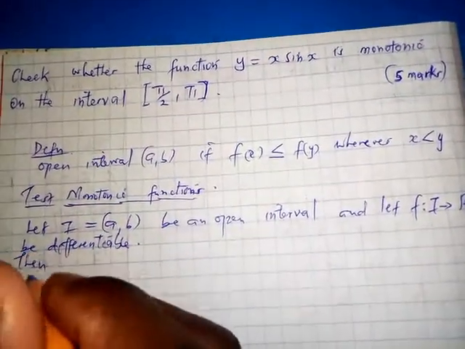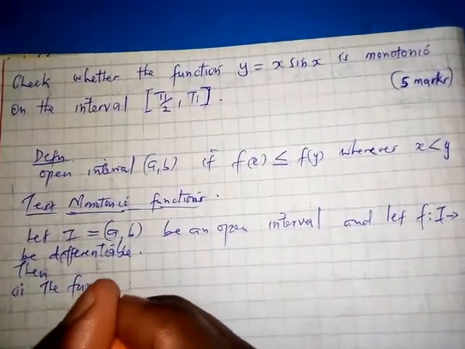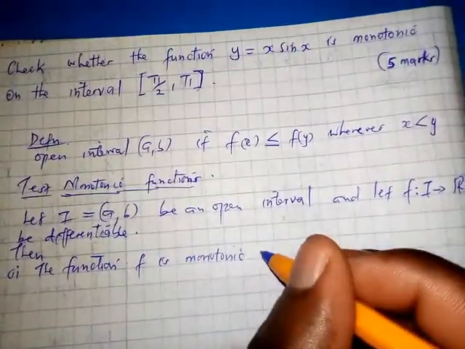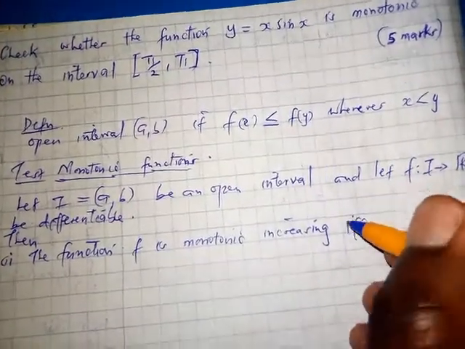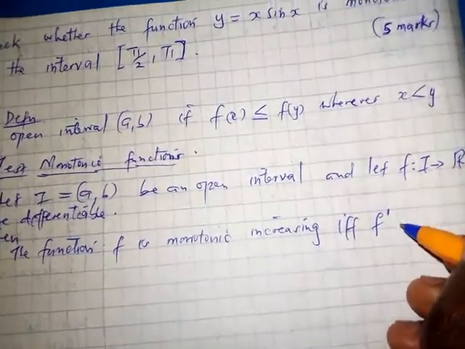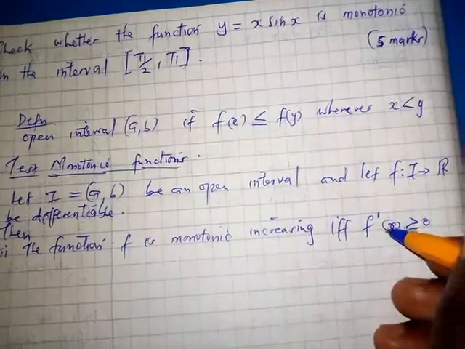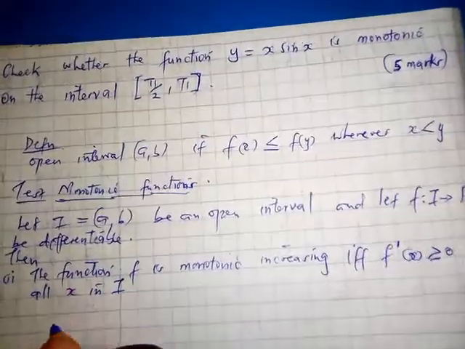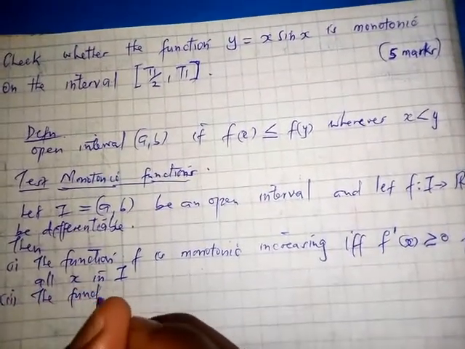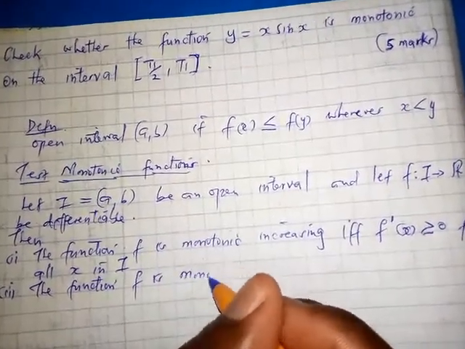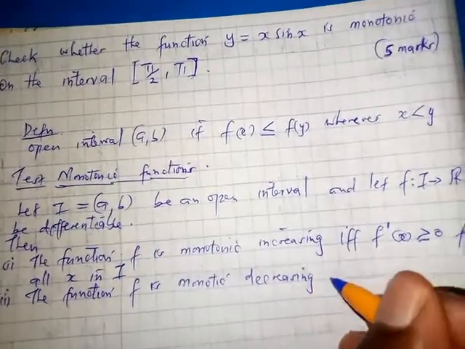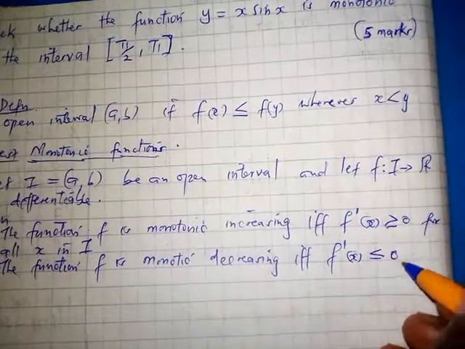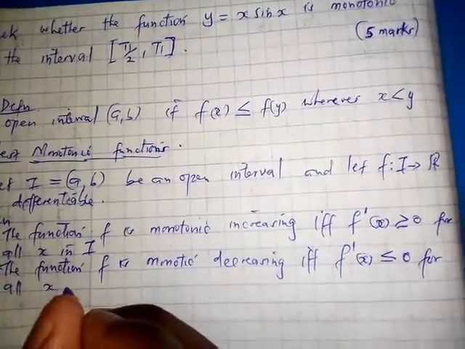Then 1, the function f is monotonic increasing if and only if the first derivative of f(x) is greater than or equal to 0 for all x in I. Then 2, the function f is monotonic decreasing if and only if the first derivative of f(x) is less than or equal to 0 for all x in I.